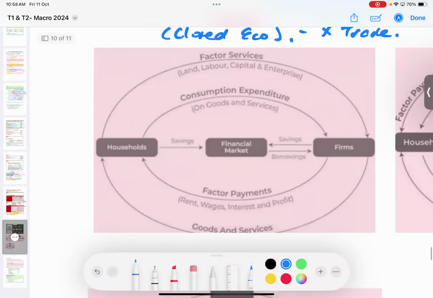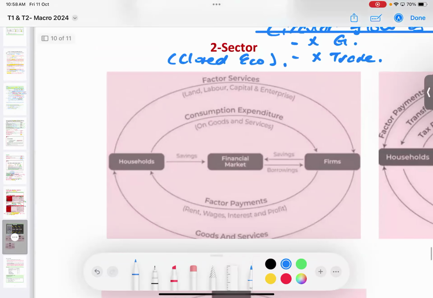So let's have a look into this example here. You only have households and firms. Households contribute their factor services to the firms for the firms to produce goods and services. Firms will give rewards, factor payments, to the household, and therefore household can spend on the goods and services.